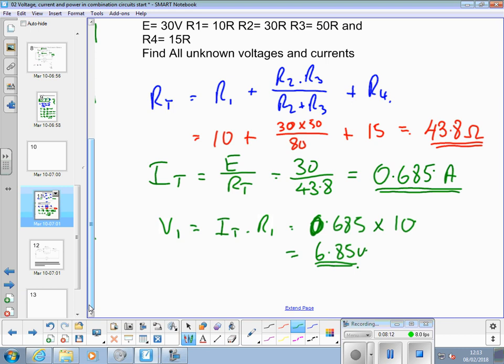What other voltage can we find? V4. Again, it's IT that's flowing through R4, so we focus on that one resistor. 0.685 times, what was R4? 15.